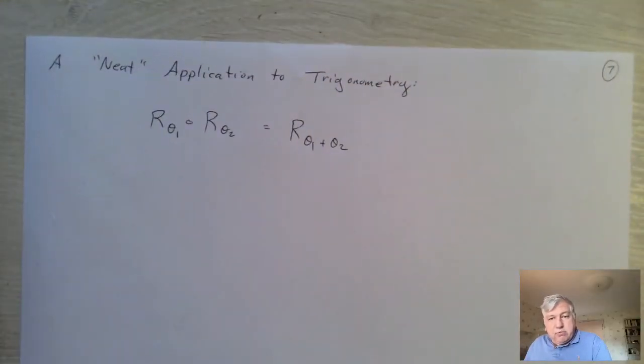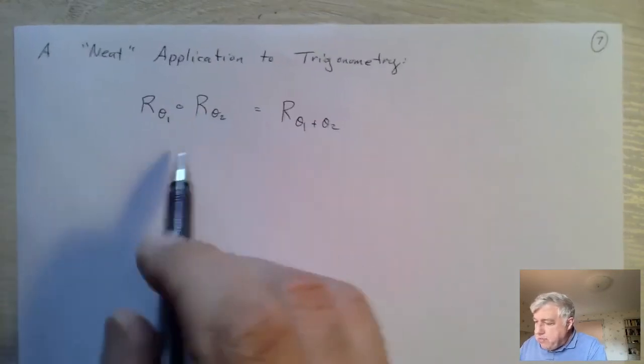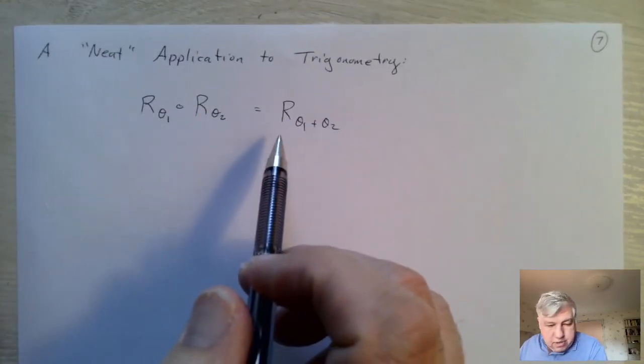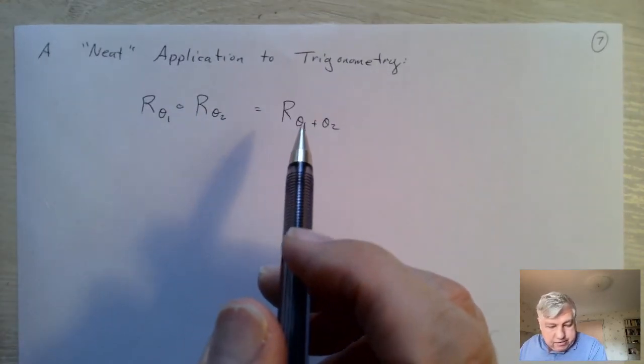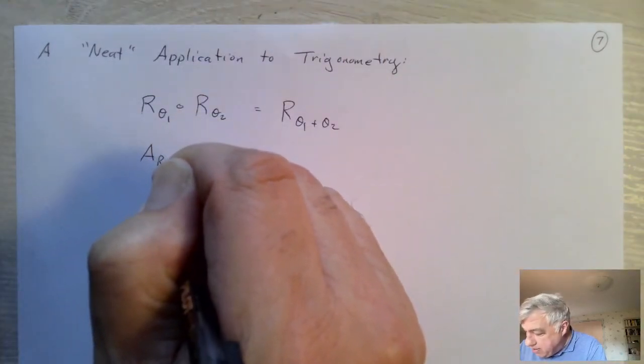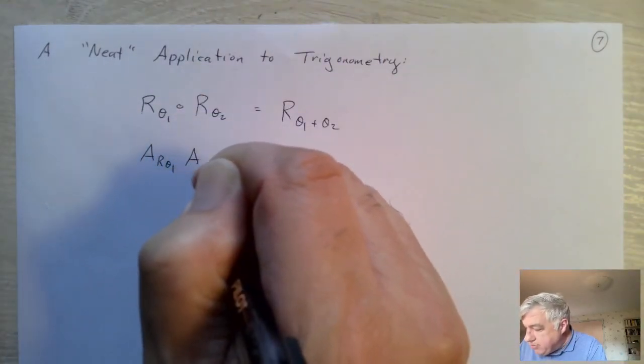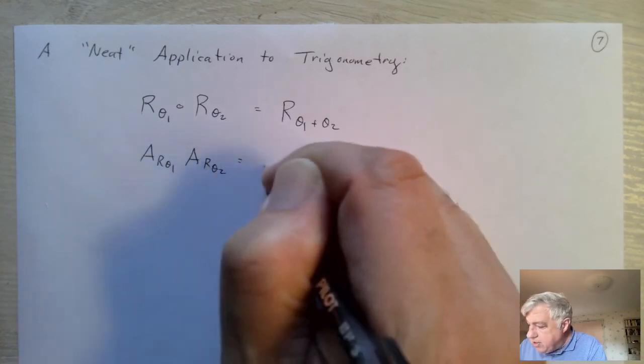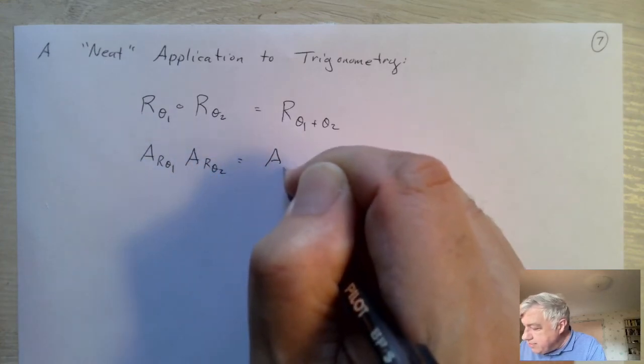If we rotate it through 40 degrees and then rotate it through 30 degrees, that's the same thing as rotating it through 70 degrees. So we know this is true. So then this should tell us that the matrix for r theta 1 times the matrix for r theta 2 is going to be the matrix for r theta 1 plus theta 2.